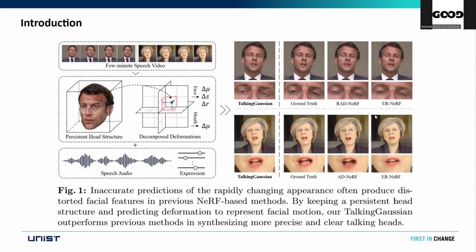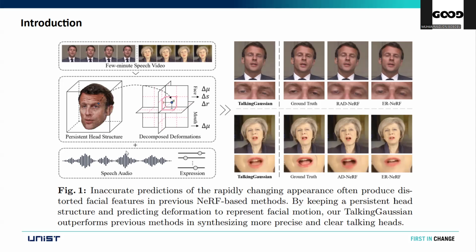In previous NeRF work, different kinds of NeRF derivatives tried to tackle this problem, but the changing appearance often distorts some facial features. By using a persistent head structure, in this work they try to predict what kind of deformation we need to apply on this canonical, consistent mesh in order to generate those changing appearances.